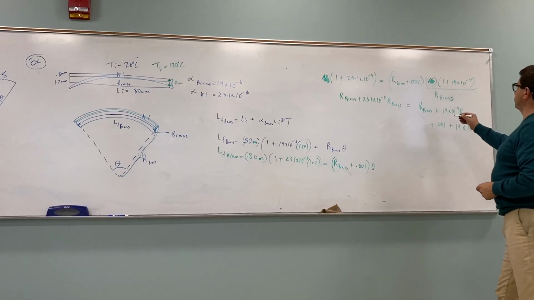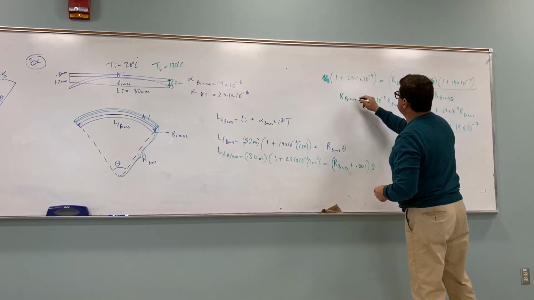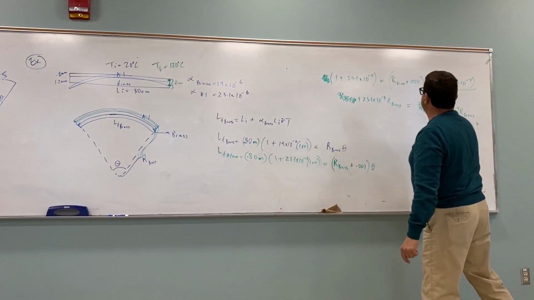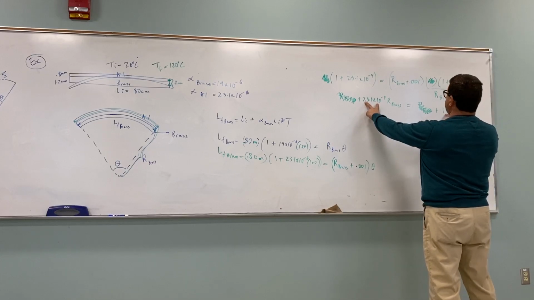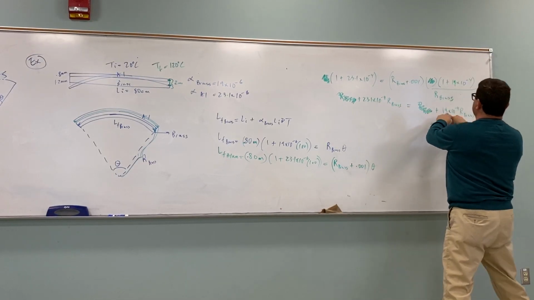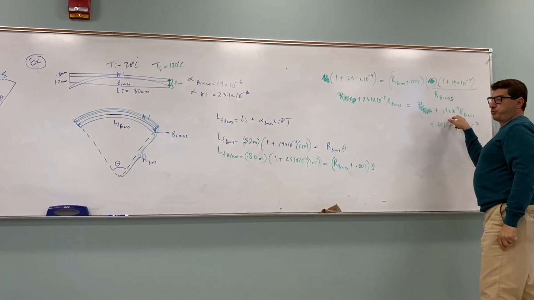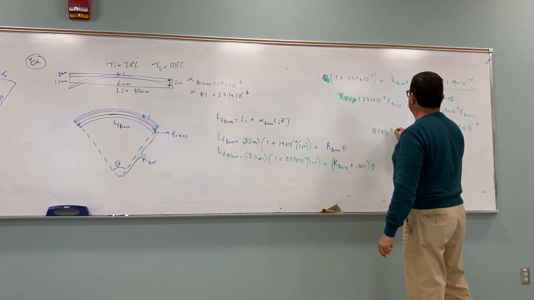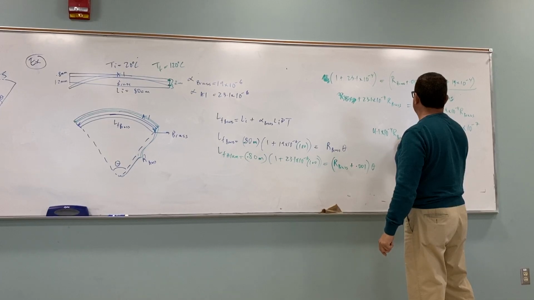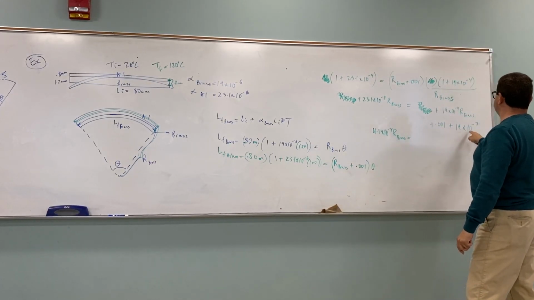And now this cancels. R brass cancels, R brass cancels. Then you can subtract these two, right? 23.1 minus 19 is what? 4.1 times 10 to the minus 4 R brass. And then this plus this.